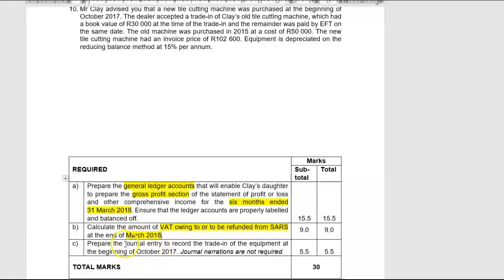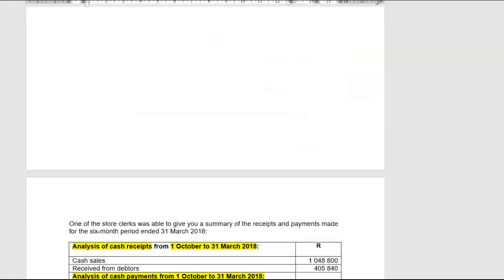And then the last one, prepare the journal entry to record the trade-in of the equipment in the beginning of October. Good. So keeping that in mind, we can go back to our question. Let's open up all the T accounts that we think we're going to use. The debtors, the sales, the creditors, the inventory, and then the VAT control account.